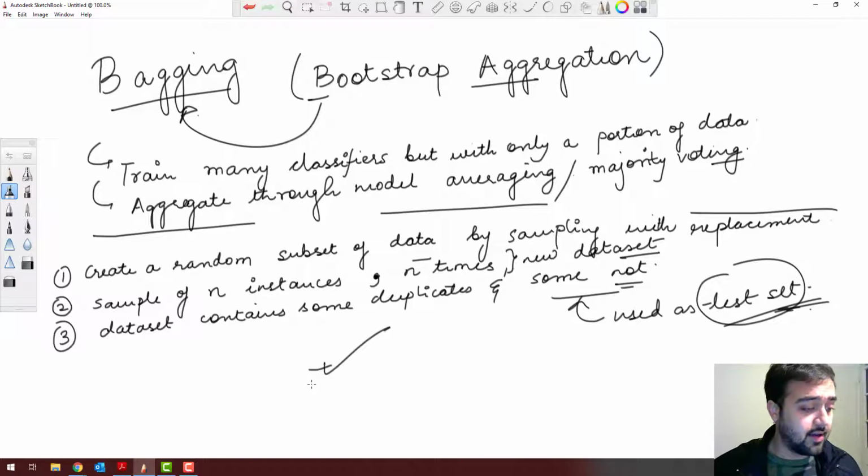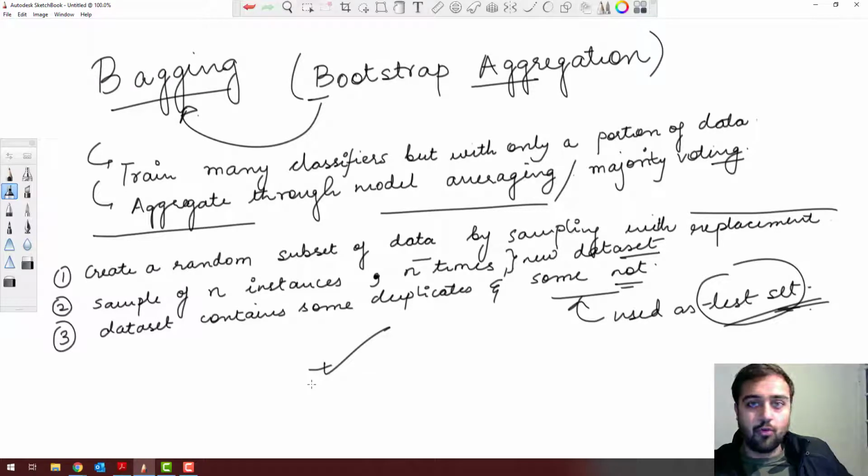So this bagging method is applied on a collection of low bias and high variance models, right? So when we average over them, what happens is our variance reduces but bias remains the same. So basically, we start from high variance and low bias, which is the overfitting case, right?